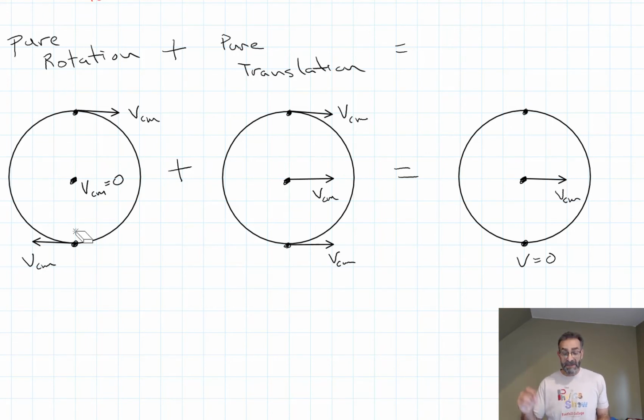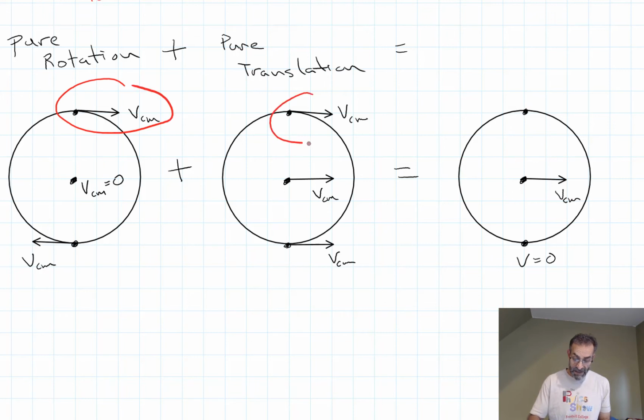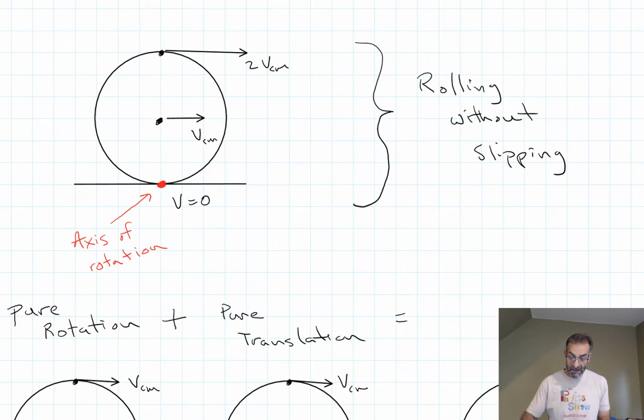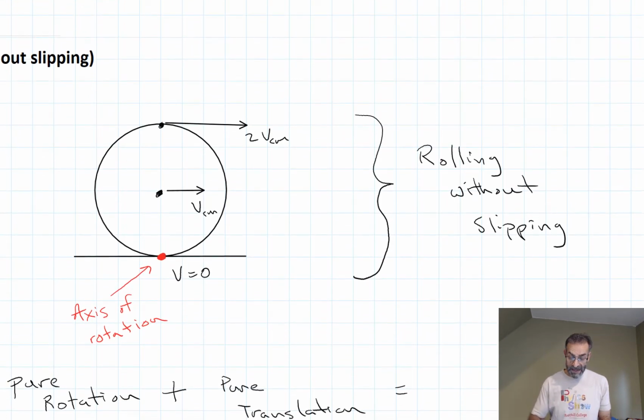And what's happening with the top of our wheel? We have v center of mass to the right, v center of mass to the right. We add those together, and we get 2v center of mass to the right. Well, does that look familiar? Let's take a look. We said that when we had rolling without slipping, that was the exact situation we had.